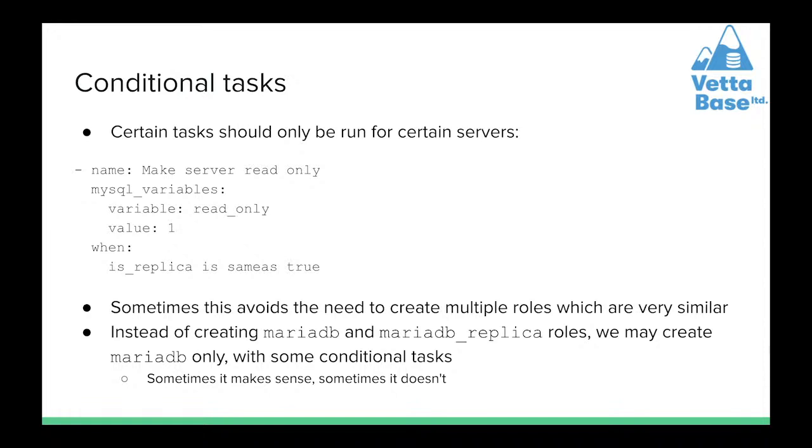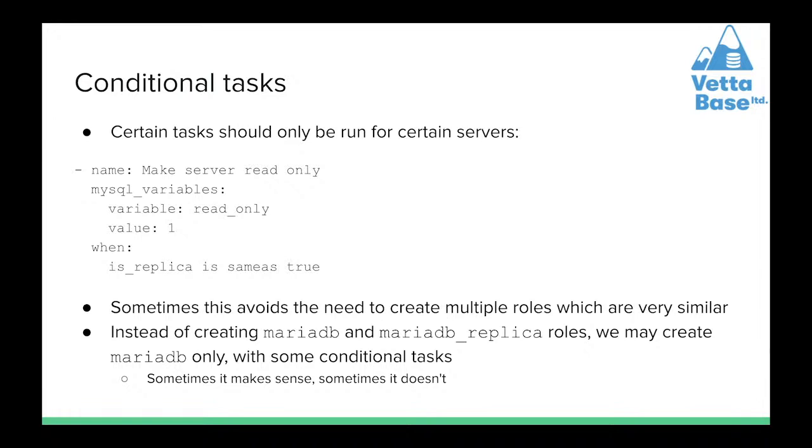Sometimes this avoids the need to create multiple roles which are very similar, right? And basically, instead of creating roles MariaDB and MariaDB replica, we can create only one role called MariaDB, and we can have some conditional tasks in it. Sometimes it is a good idea, sometimes it is not.